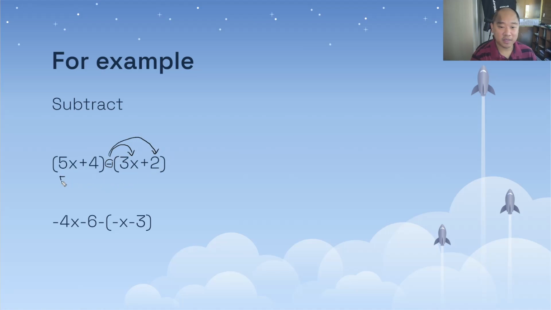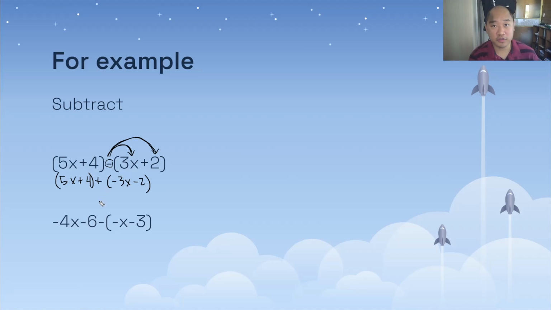So this basically becomes 5x plus 4 plus negative 3x minus 2. What we've done is distribute this negative to both of the terms on the inside. And that's turned our subtraction problem into an addition problem.